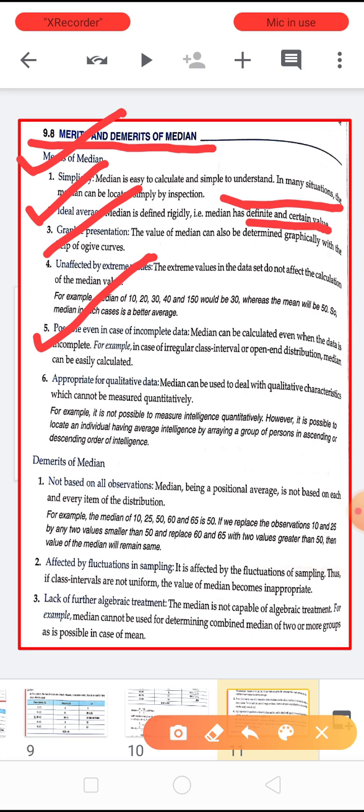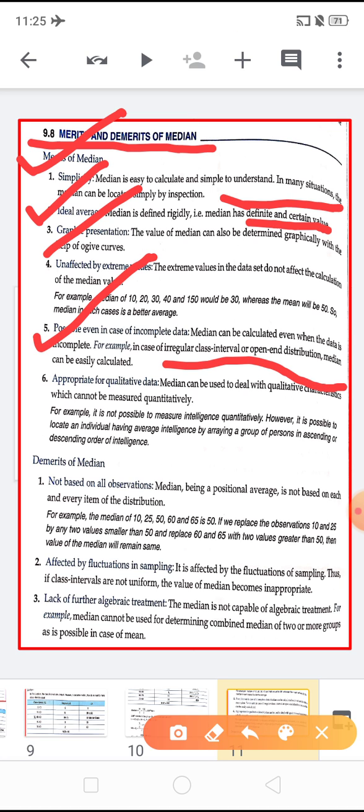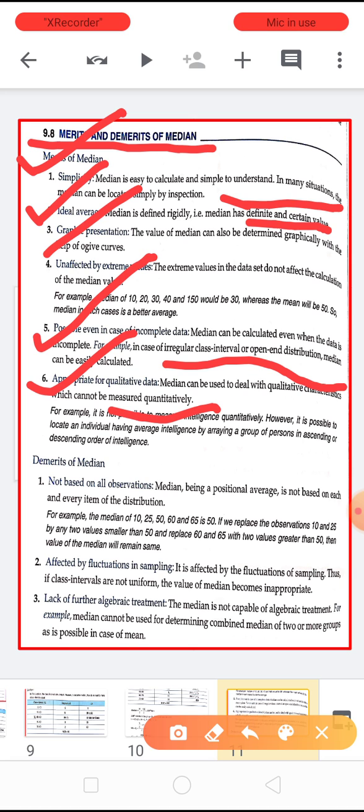For example, in case of irregular class intervals or an open-end distribution of series, it can be easily calculated. So it is very appropriate for qualitative data. The median can be used to deal with qualitative characteristics which cannot be measured quantitatively. So all these are the merits of the median.